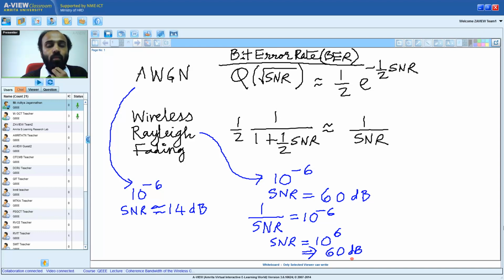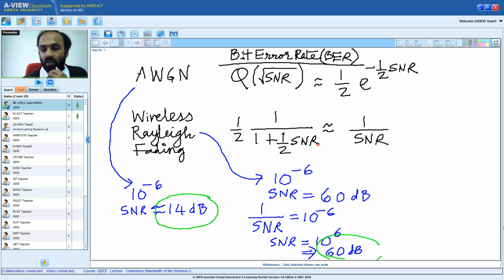If you look at the difference between these two, in AWGN you need 14 dB, but in a wireless system you need 60 dB.